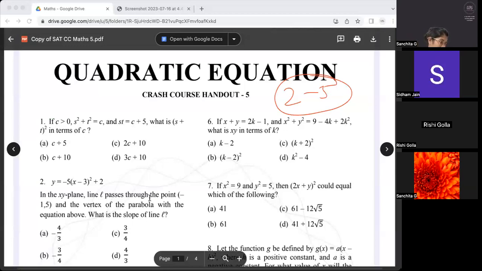Does it matter? Over here, the vertex is in the vertex form, right? So do we take the vertex as x2, y2 or x1, y1? Vertex can be one coordinate. Okay, x1, y1, or x2, y2, anything is fine.